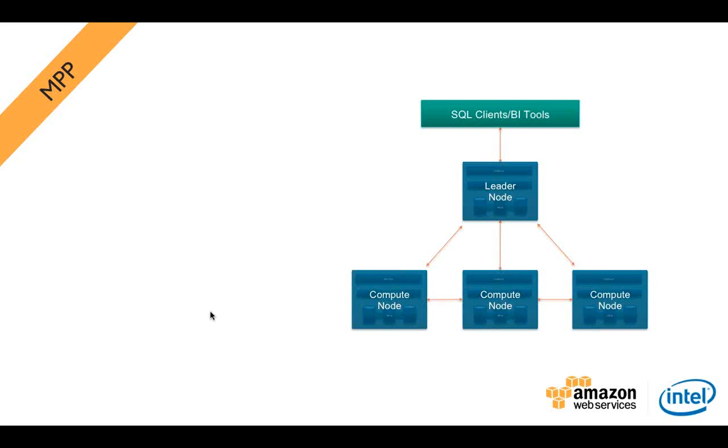You add more nodes. So some of the facets of the MPP databases that have made them very popular is that it's standard SQL. So anybody who has used any kind of standard relational database will feel quite at home with an MPP database because it is ANSI standard SQL. As I said, these databases are optimized for fast analysis.